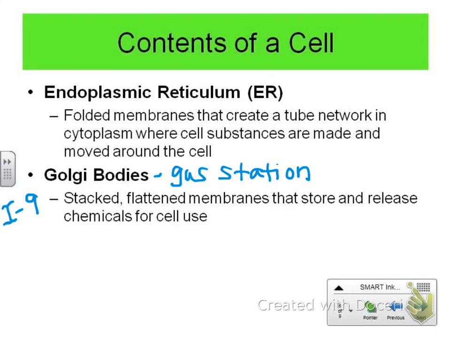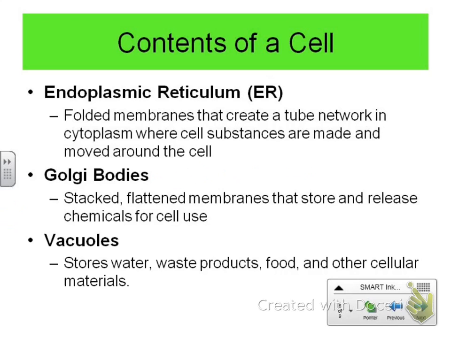All right. Next part that we're going to talk about is the vacuoles. Vacuoles represent many different things in our town. What letter is it, Riley? J. As it's J, it's going to store water, waste products, and food, any kind of waste or extra materials.